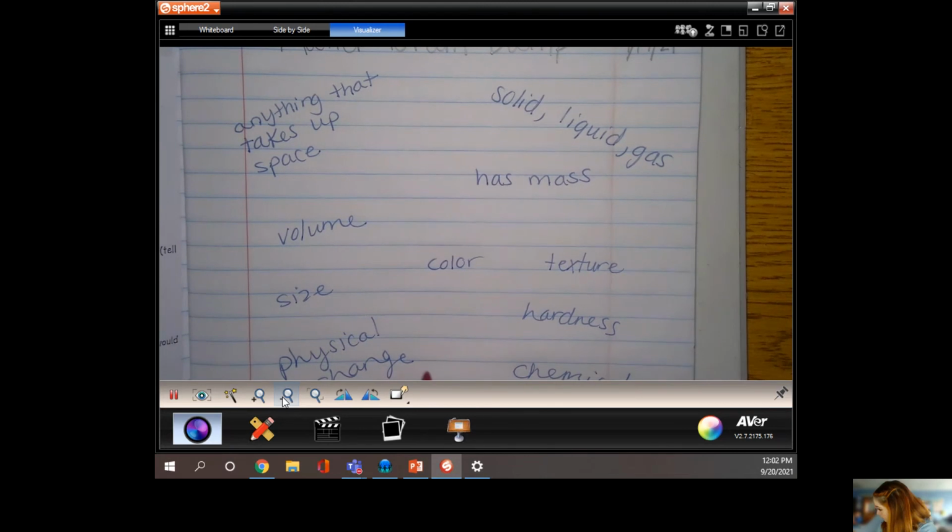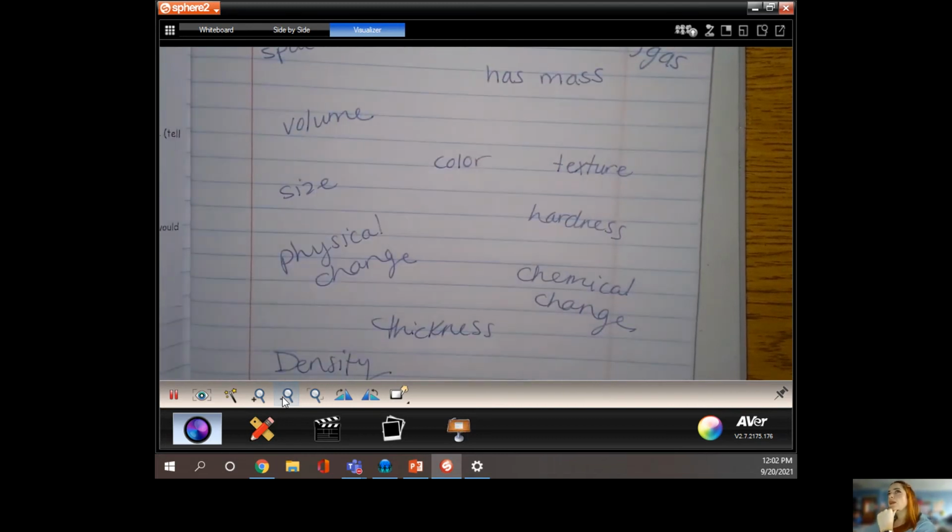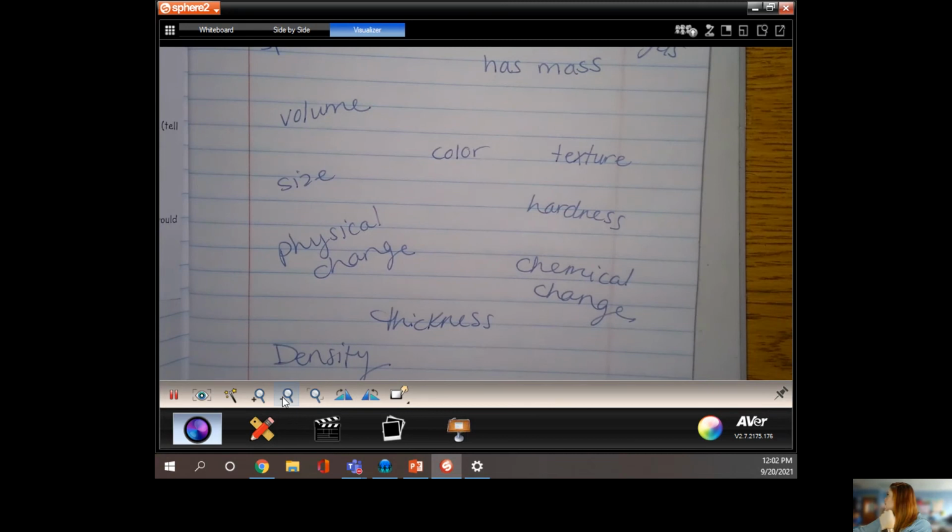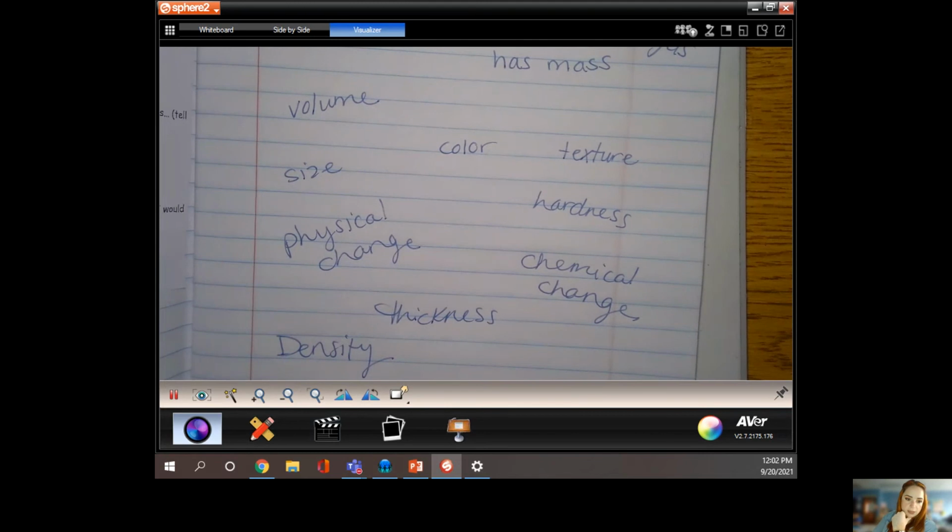Okay, like thickness, density. All right, so you don't need to have everything I have. This is just your brain dump where you put your information. But we are going to start with a video.